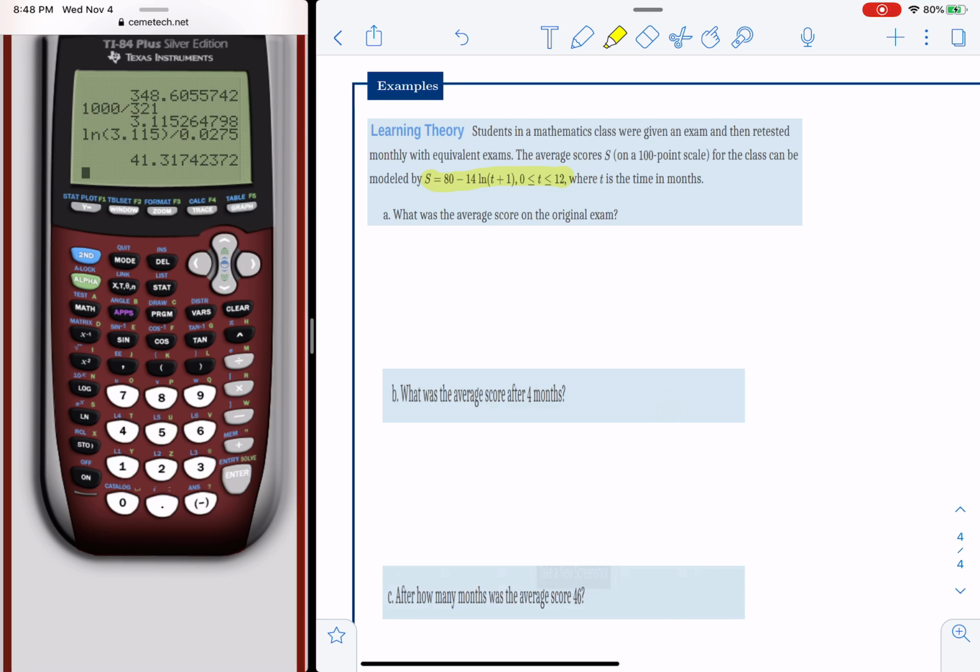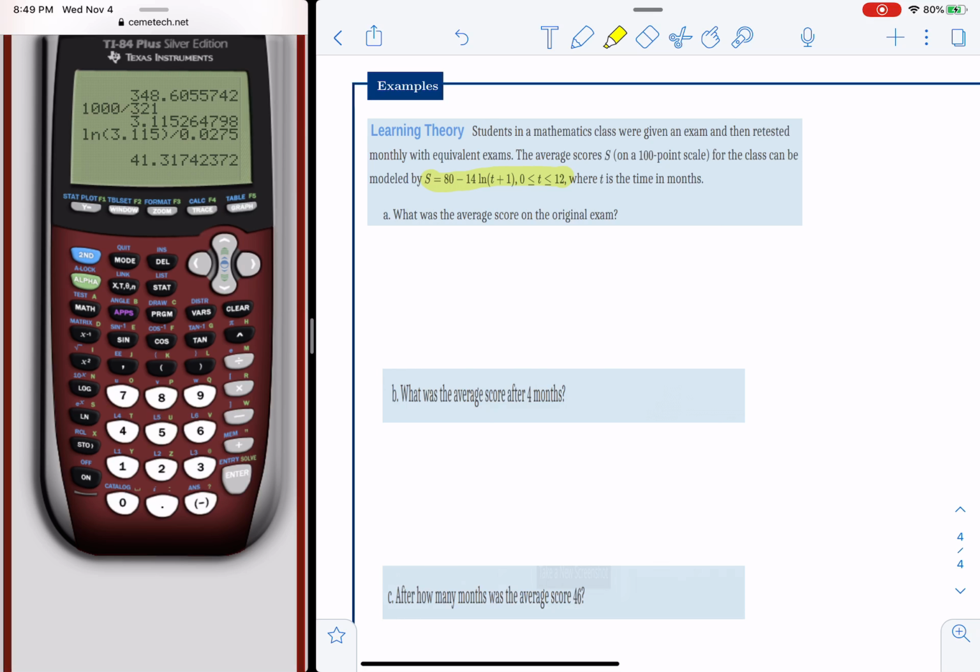Students were given an exam in mathematics, and they were retested monthly with the same or equivalent exams. The score is on a 10-point scale for the class, and it can be modeled by that equation where t is the time in months.